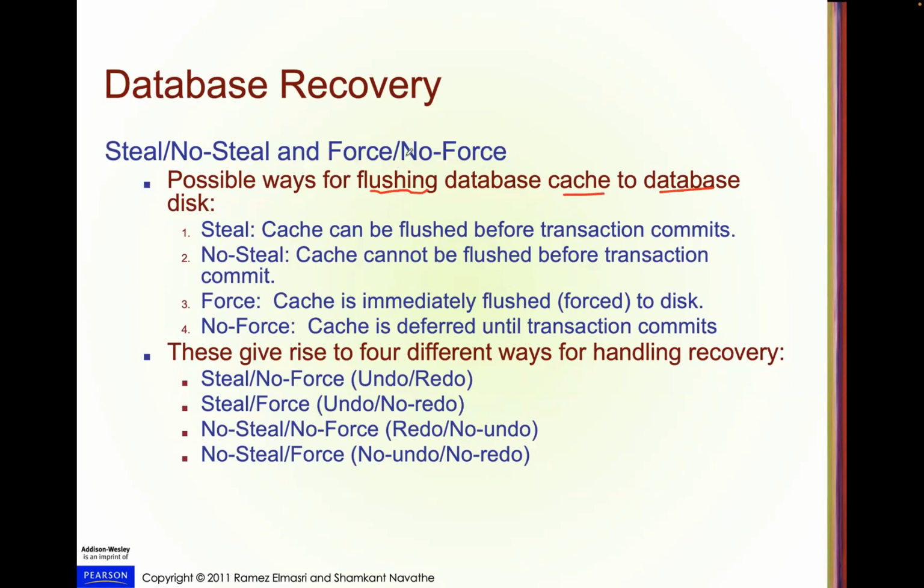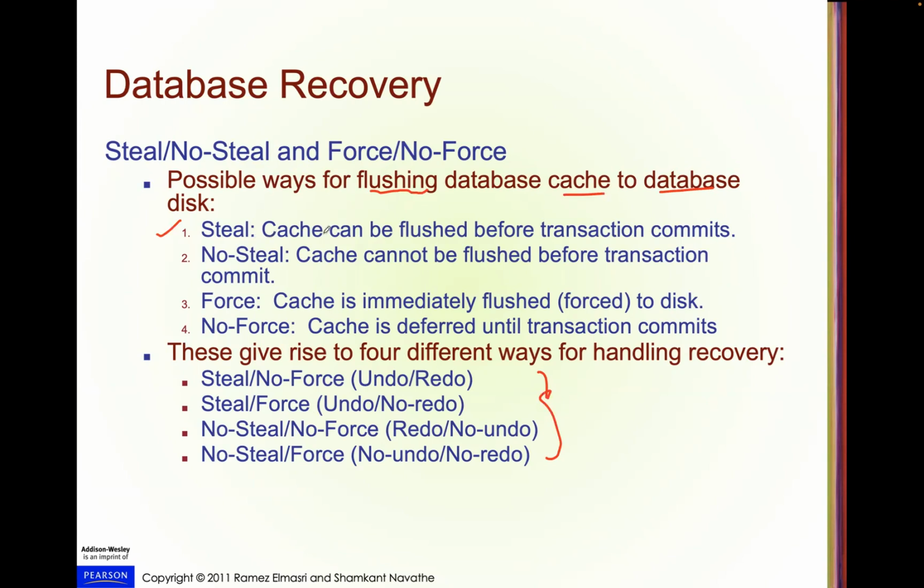So the way of writing the modified data items from the cache memory to the database can be done by using steal, no steal, force and no force, and the combination of these 2. That gives us 4 possible ways.